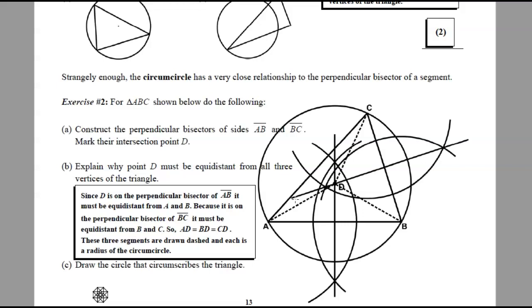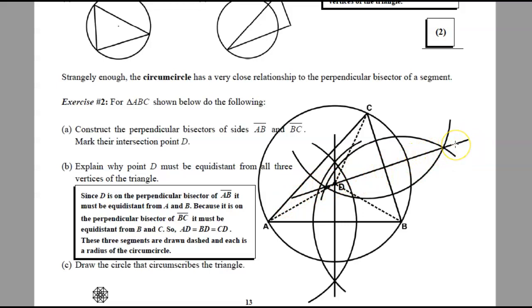And as you can see, the reason is point D, this intersection of the bisectors, point D falls on this vertical bisector for AB, and so that means that point D is equidistant to both A and B. Just by definition of a perpendicular bisector, remember it collects all the points that are equidistant from the endpoints. And point D here is also on the bisector of BC.